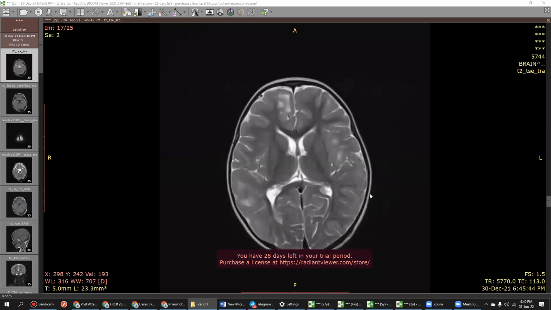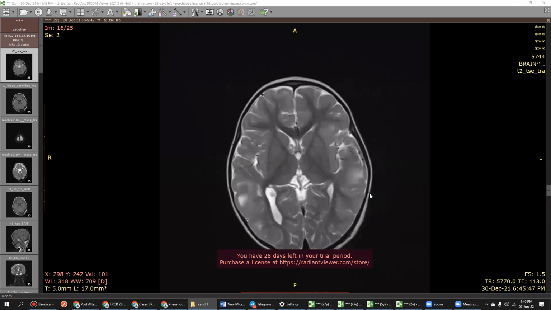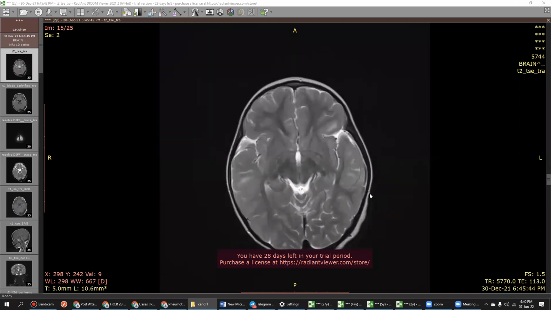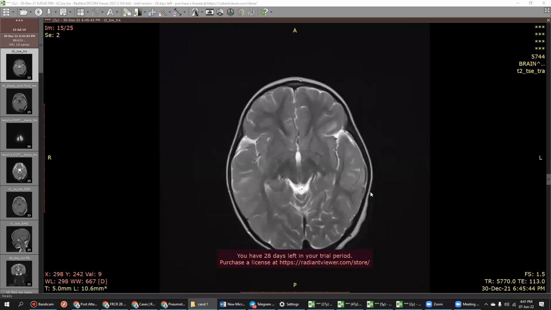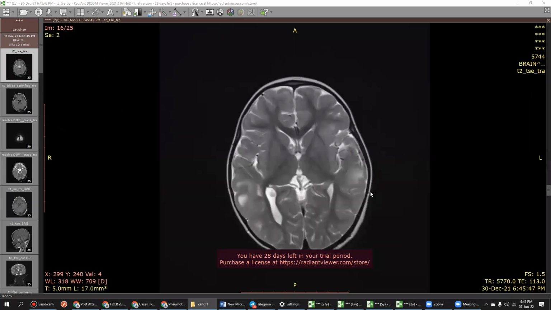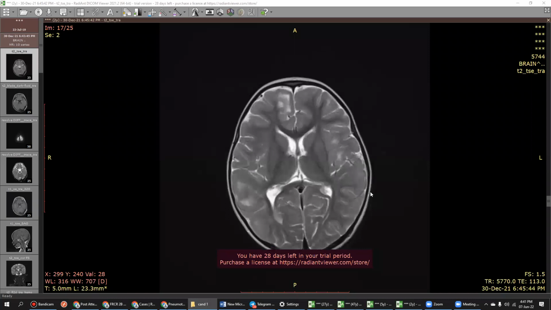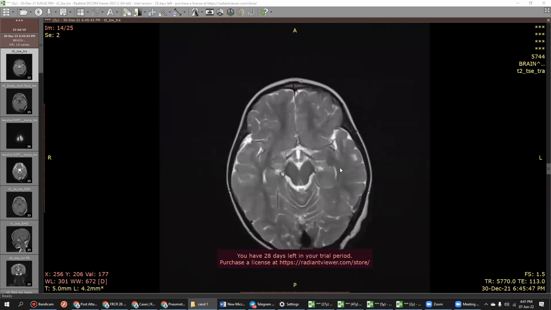I don't see any evidence of ventricular dilatation. I don't see any evidence of brain parenchymal lesion or any specific abnormality, especially centered over these ventricle areas in the foramen of Monro.